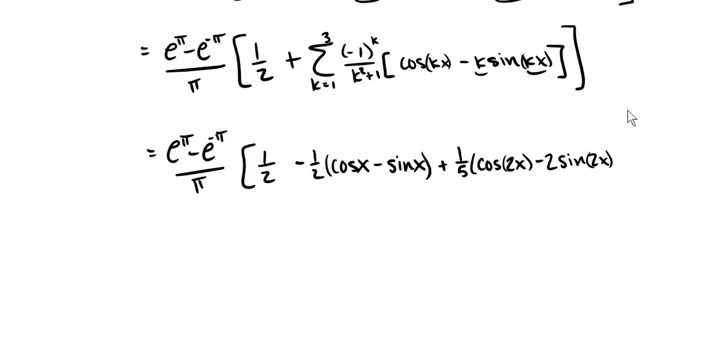When k equals 3, I get added on to the end of this. Let's see if I can make it work. When k equals 3, I get a negative 1 over 10 cosine of 3x minus 3 sine of, can I fit 3x? Yes. Okay, right off the screen, but that'll work. So I'll move back over here a little.